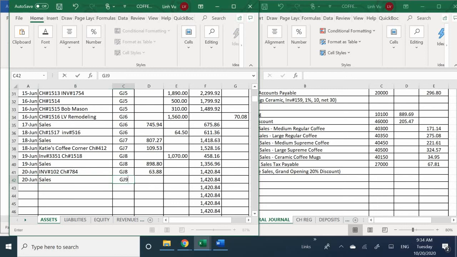General journal number 9. And how much am I increasing my account for? 88969. All right, bringing my new balance up to a grand total of $2,310.53.